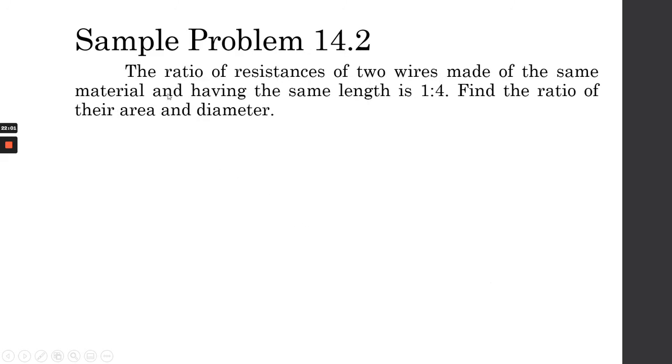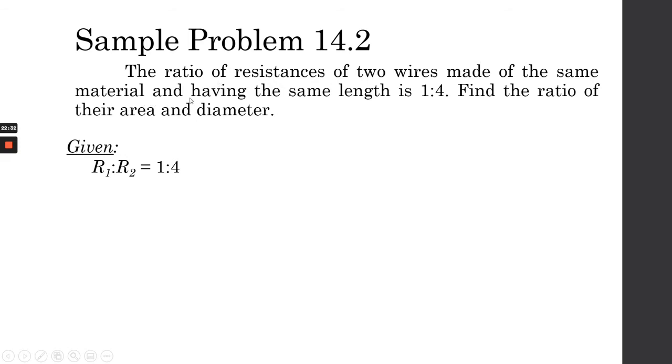So for example, the ratio of resistance of two wires made of the same material and having the same length is 1:4. Find the ratio of the area and the diameter. So yung given natin is yung ratio of resistance of two wires. So ibig sabihin may dalawa tayong wire. And yung ratio ng resistance nila is 1:4. So yung resistance ng first wire is 1 and yung resistance ng second wire is 4.